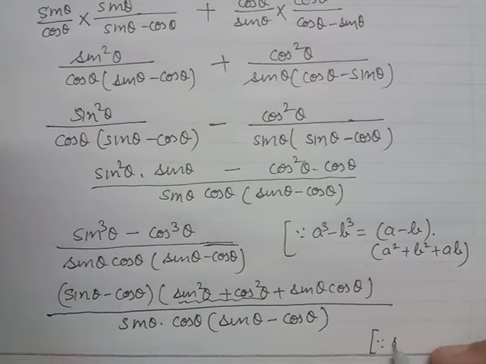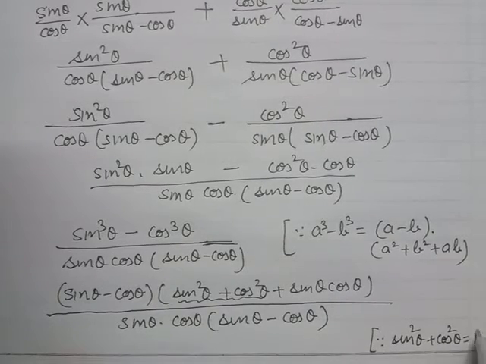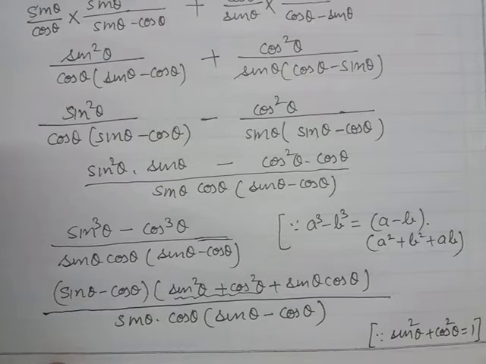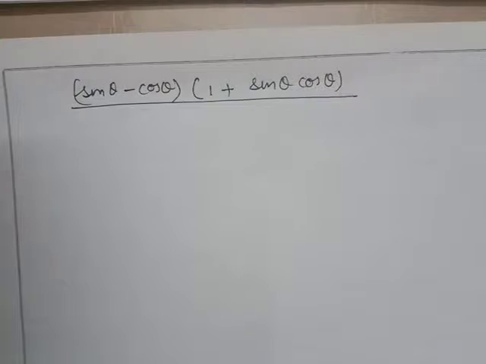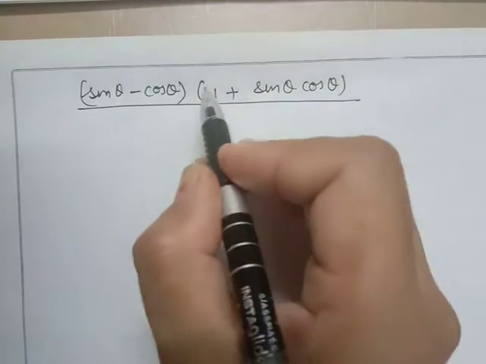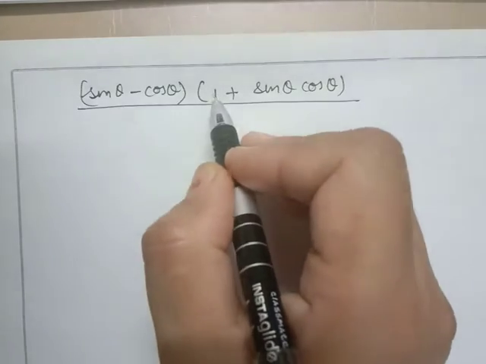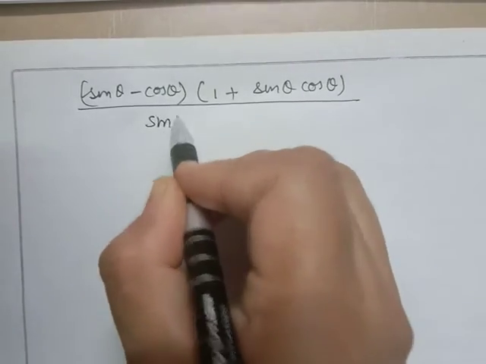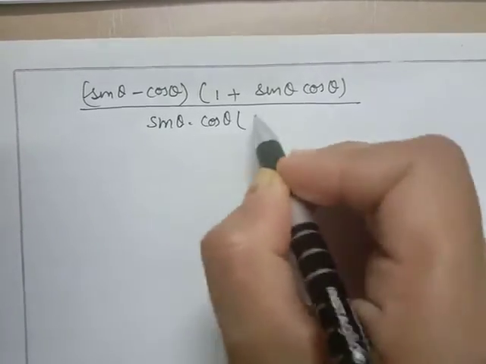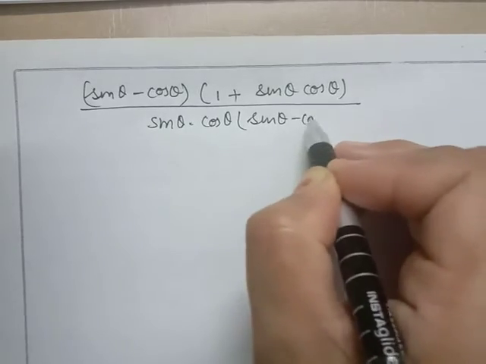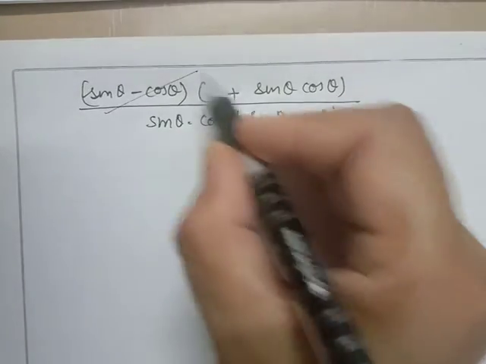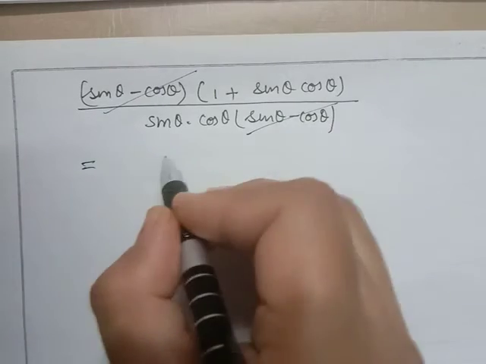So using this identity, we have put 1 and the remaining term as it is. Now see, something is cancelled out, this bracket and this bracket, and we get this.